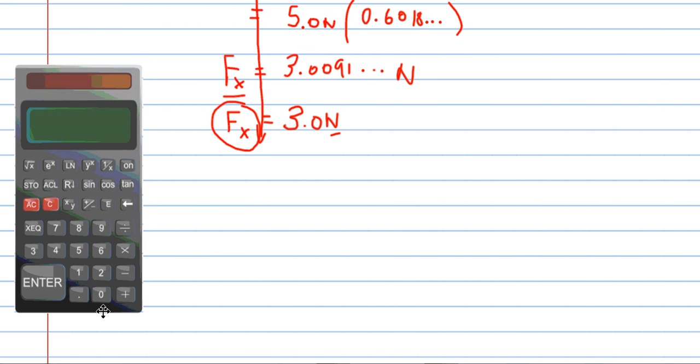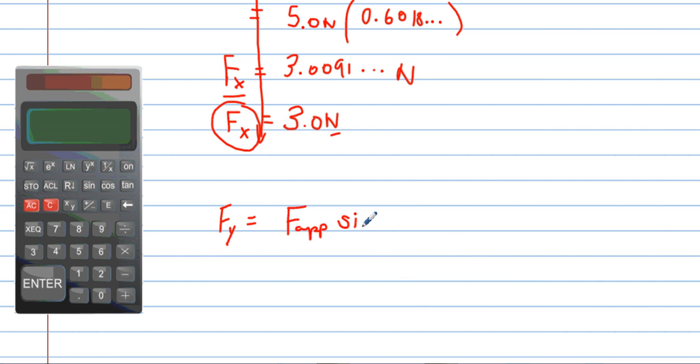To now do the component in the y direction, I do the same sort of thing. I take f sub y, and that, of course, is going to be equal to the magnitude of the applied force times the sine of 53 degrees.